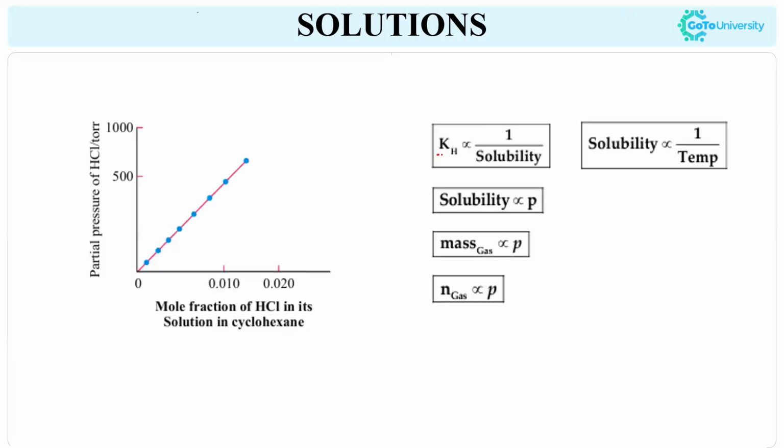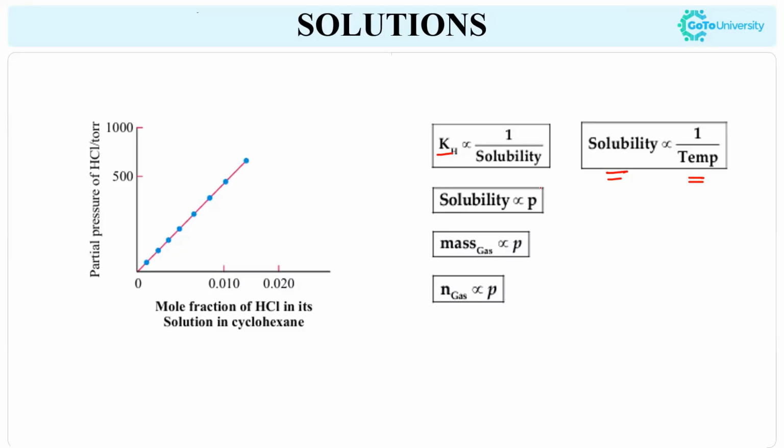That is, the Henry's constant is inversely proportional, means when the solubility of the gas is increasing, the Henry's constant will decrease. That is the another relationship. Now if you check the solubility and temperature relationship, when temperature is increasing, the solubility of the gas is decreasing. So this is all related to the solubilities of the gases only. Okay, so in terms of gas, when temperature is increasing, the solubility of the gas in a particular liquid solution is decreasing. So these are another important relationship to remember.